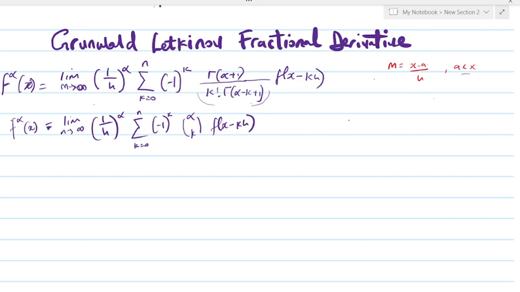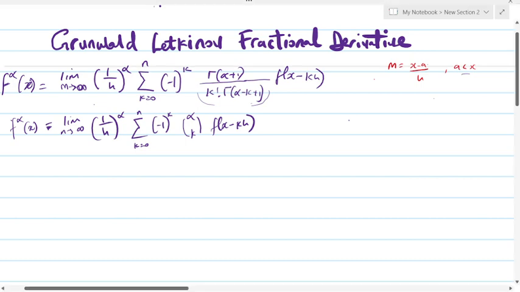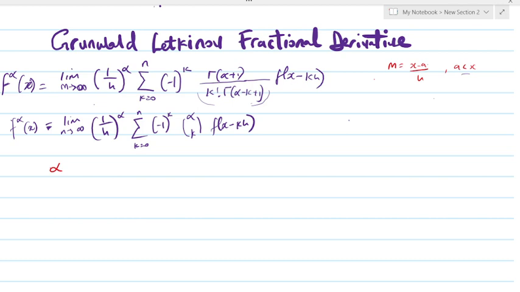So now today we want to extend our alpha to negative alpha, since we know that the opposite of the derivative, the antiderivative, is the integral.